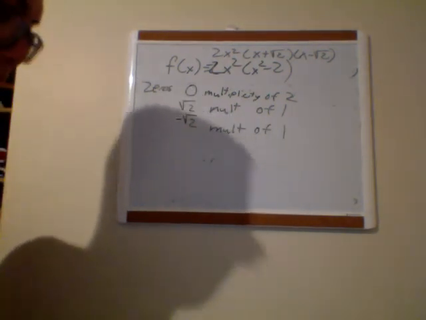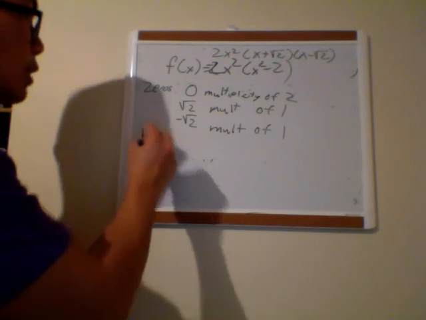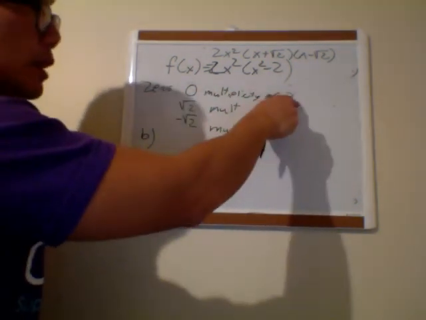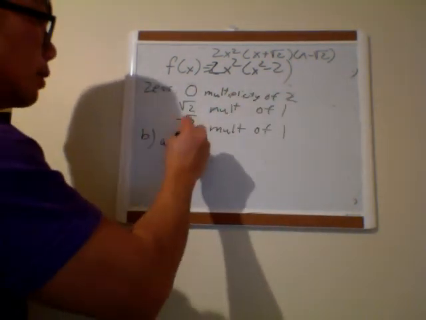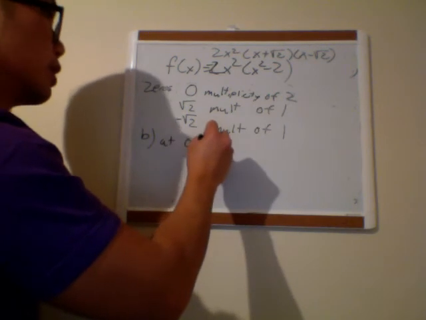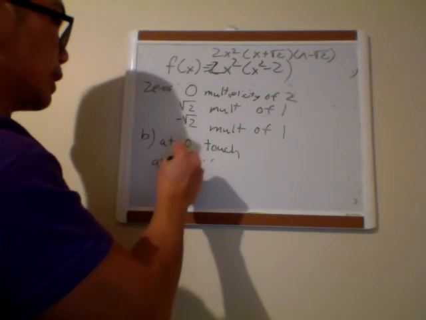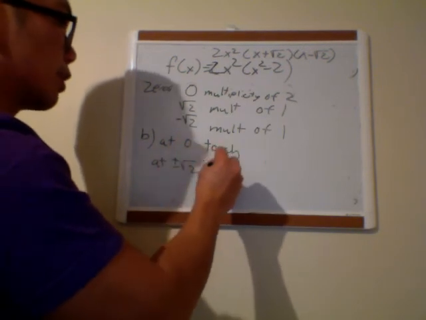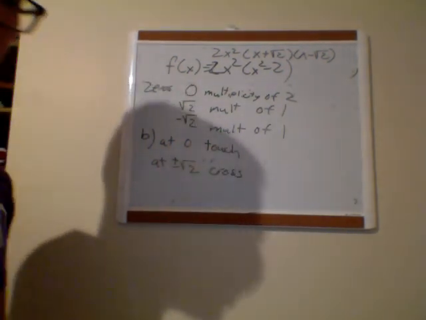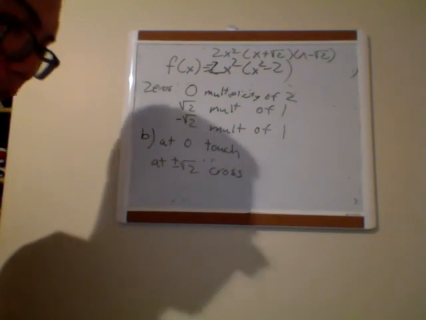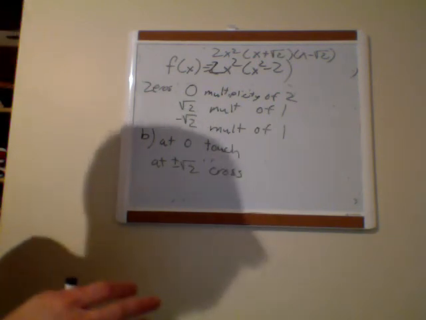Now part B is asking whether we touch or we cross. So 0, since it's even, at 0 you touch, and then at plus or minus root 2 we cross. Letter C is the maximum number of turning points.